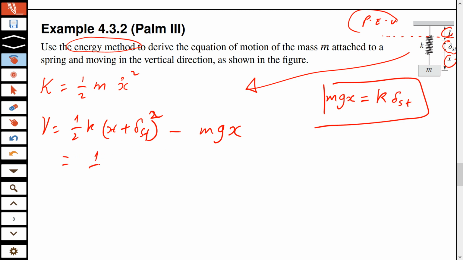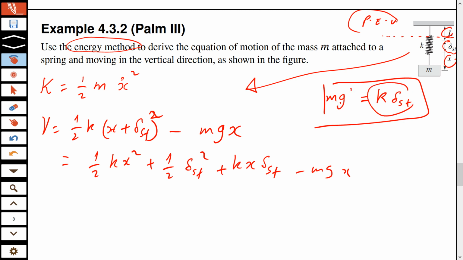So I can even expand this. It will be half k x squared plus half k delta st squared plus k x delta st, twice half cancels, minus mg x. But actually, sorry, it is not mg x, it is mg, because this restoring force will equal the force of gravity.